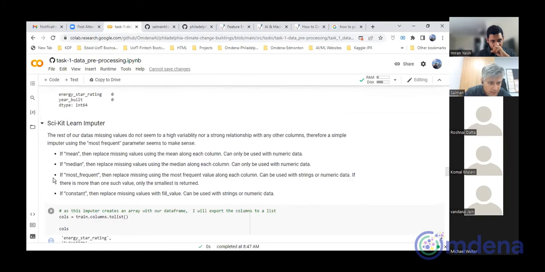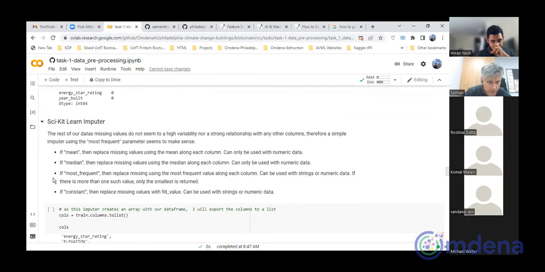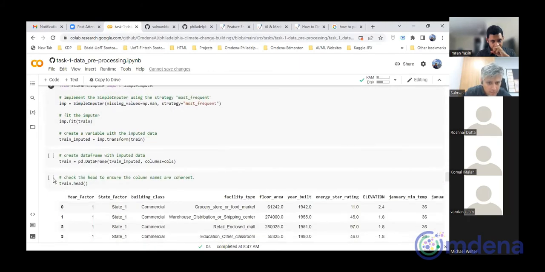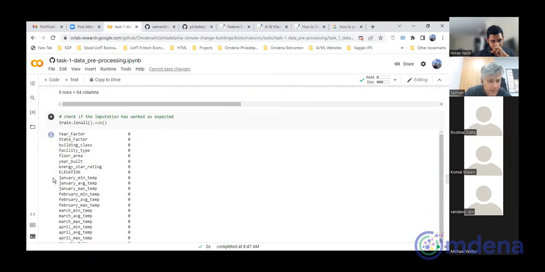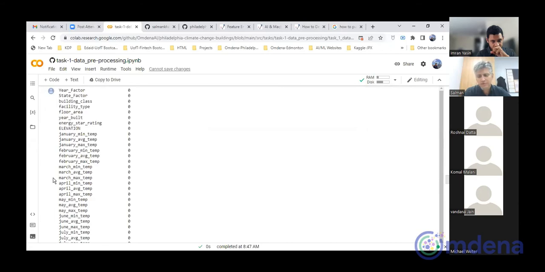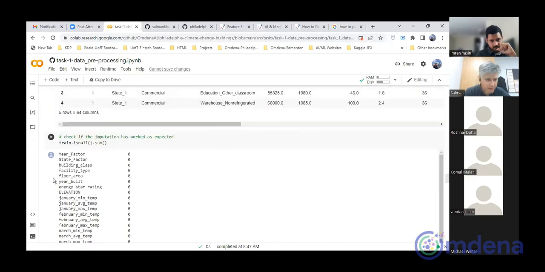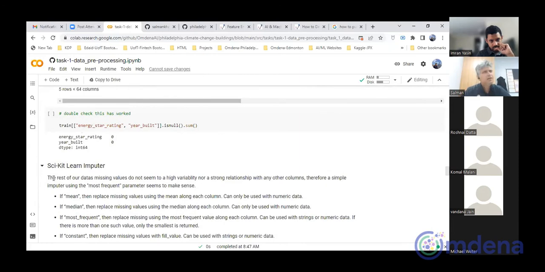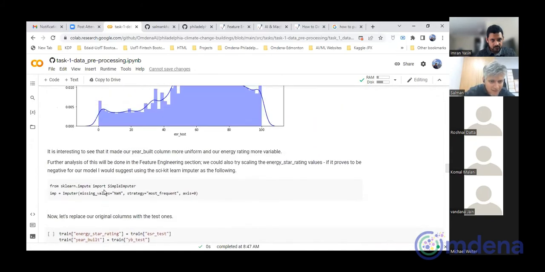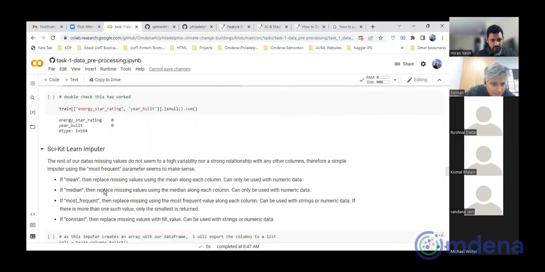I think we did a simple imputer on that. The state factor, yes, state factor is simple imputation. In fact, the KNN, once we tried it. Wait a minute. We are talking about encoding, right? Yeah, encoding. Encoding or imputing? No, encoding. Sorry, my bad. Because it's a categorical field.